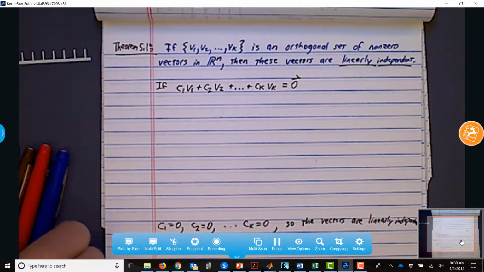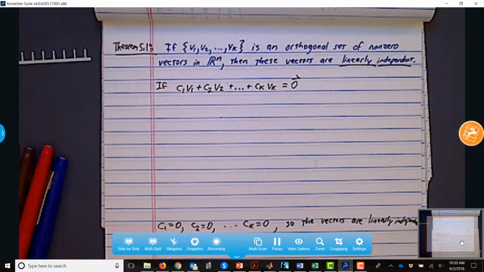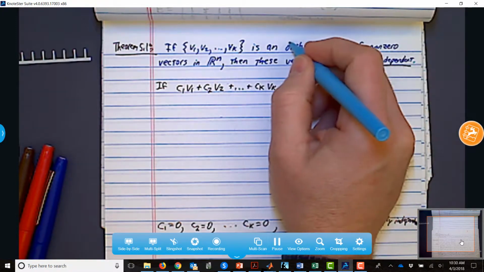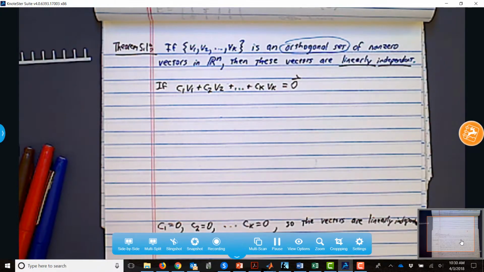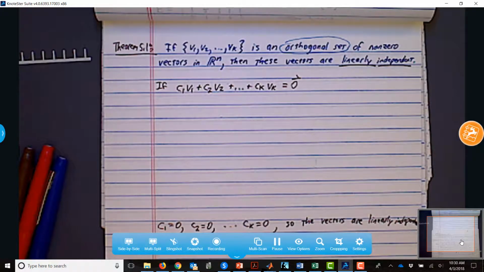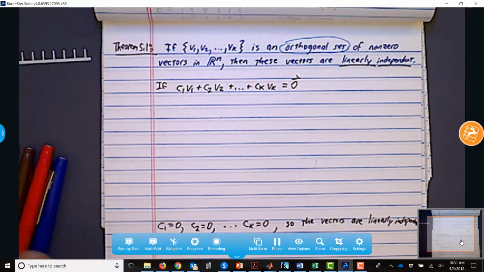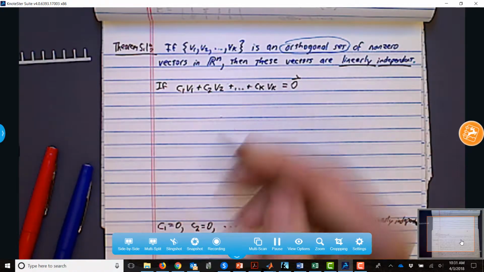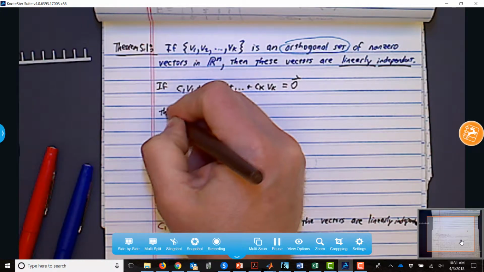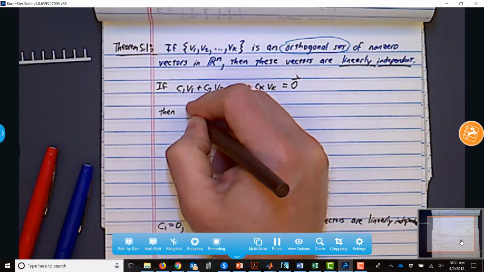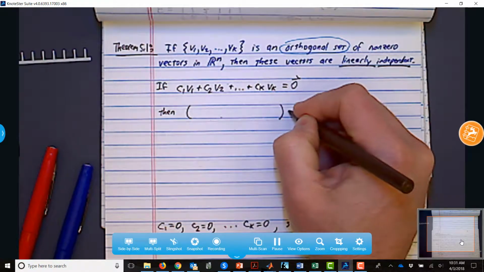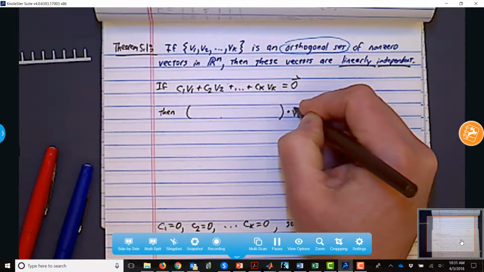So, what you do, and this is kind of cool, we need to use the fact that the set is orthogonal. It's an orthogonal set, and that has everything to do with dot products. So what I'm going to do is take this side and dot it with V1.